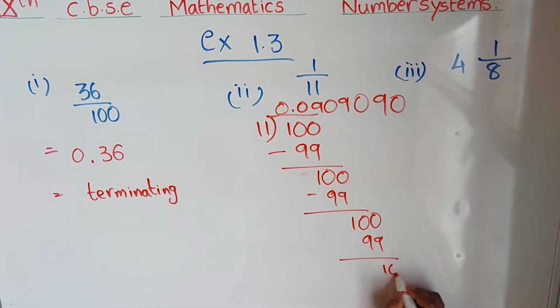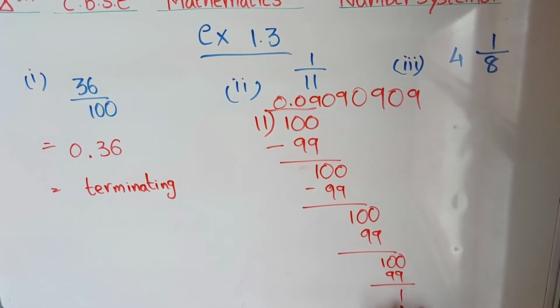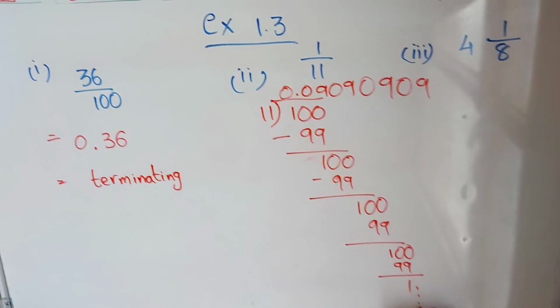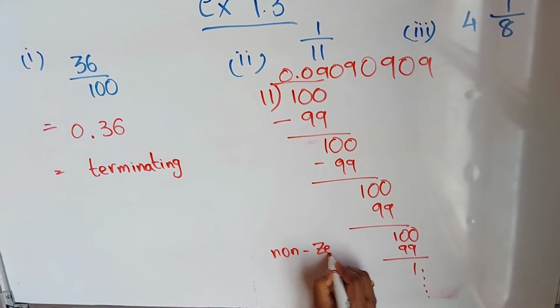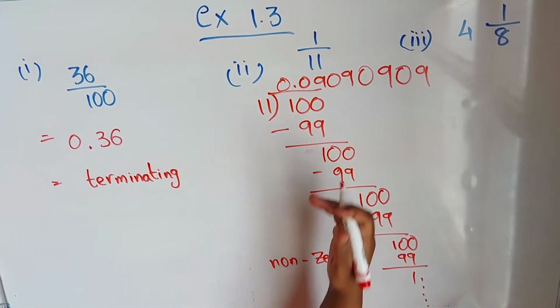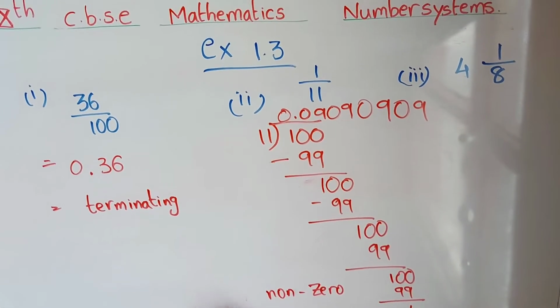Okay, children, so this process is continuing. There is a non-zero remainder here. Non-zero remainder means non-terminating. It is not finishing. That is non-terminating.